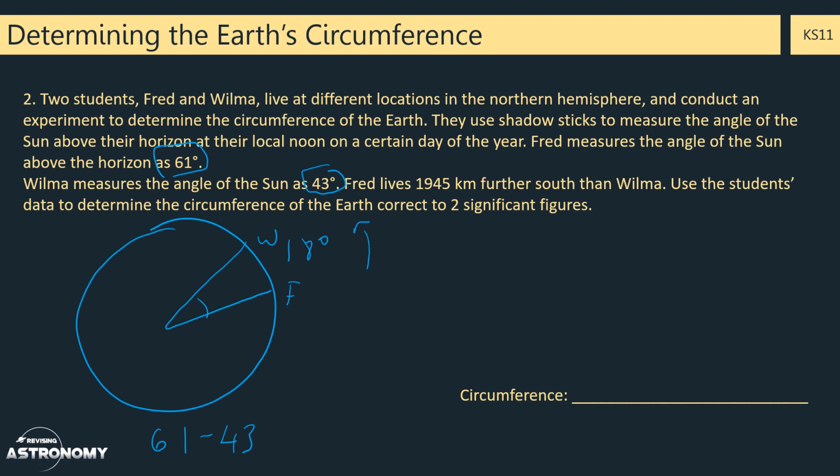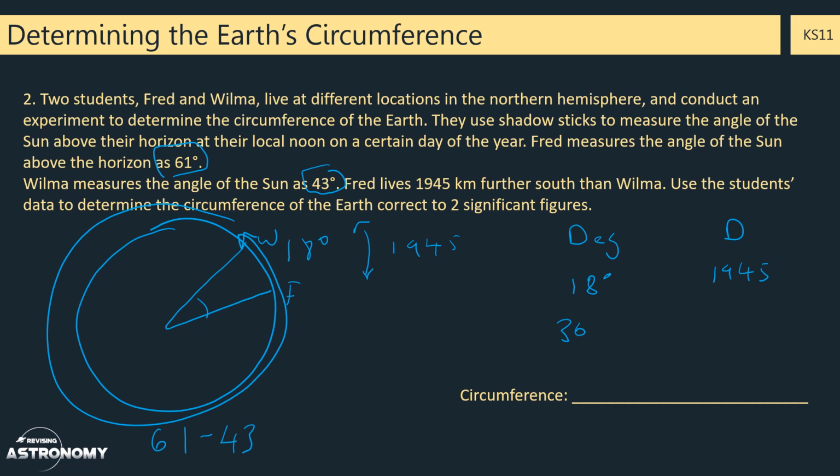Now we know there is 1,945 kilometers between them. So what this is showing us is that 18 degrees around the world is equivalent to 1,945 kilometers, but we want to know the circumference all the way around the world.